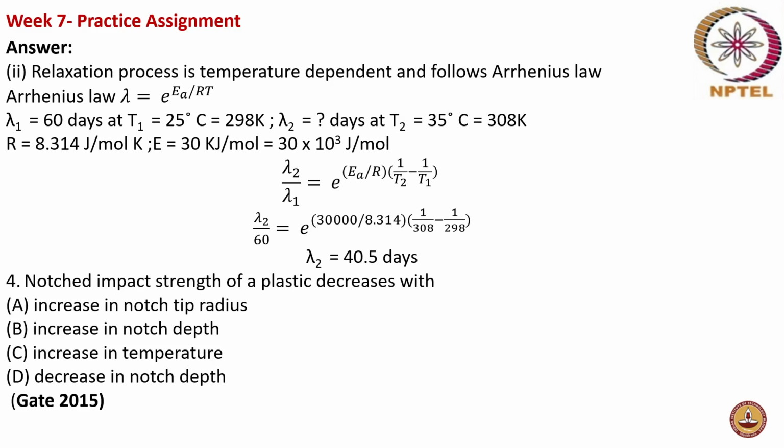Notched impact strength of a plastic decreases with: an increase in notch tip radius, an increase in notch depth, an increase in temperature, or a decrease in notch depth? What does it depend on?